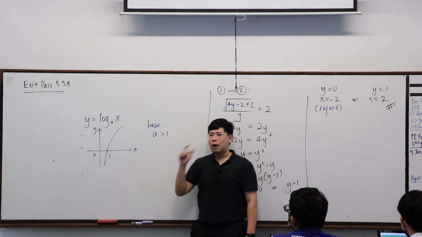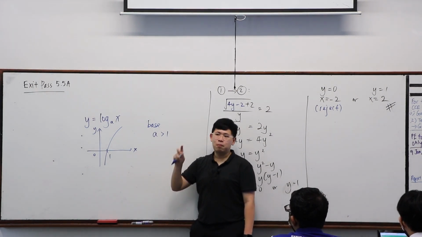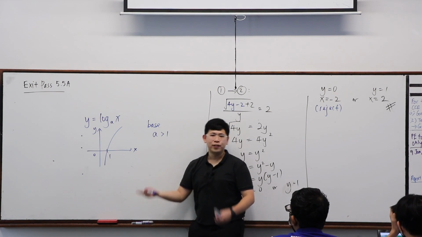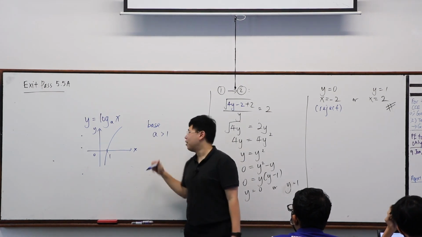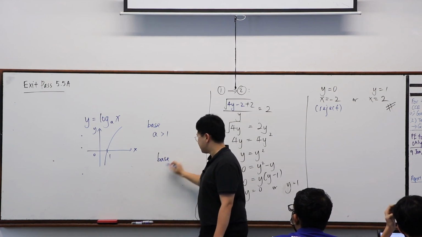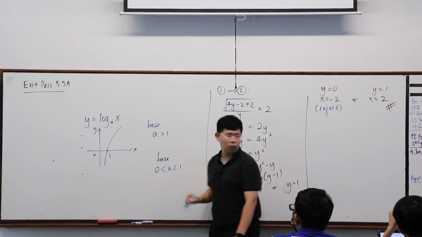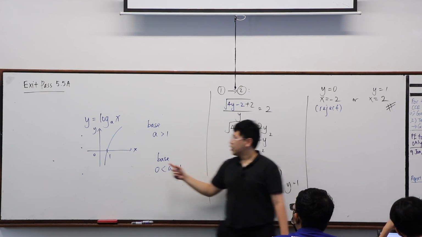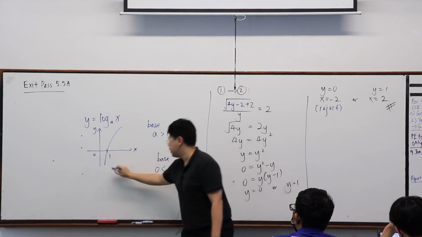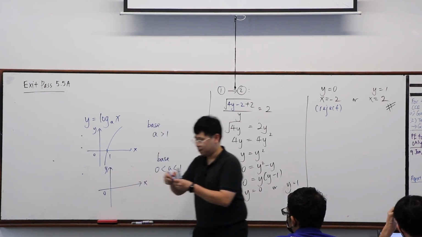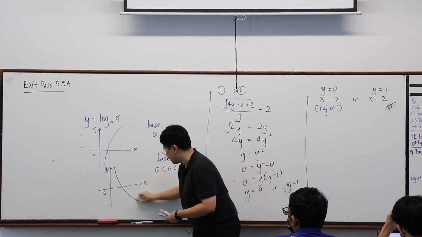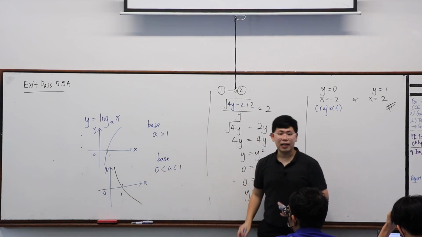Because the base can be half, can be 0.2, can be 0.1, it cannot be 0, cannot be 1, but it can be smaller than 1, correct? So what if our base is between 0 and 1? What will the graph look like? It will look like a flipped version of this thing. So it will look like this, x and y, and this. It will look something like this, the other way around.